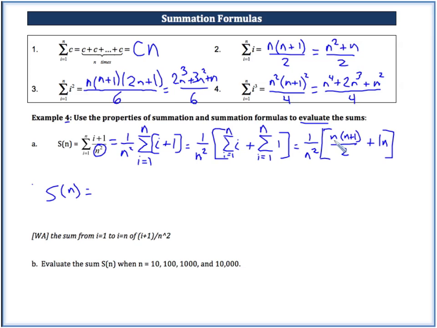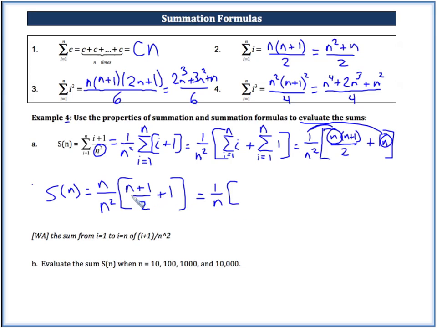Okay, well, looks like I can factor out one of these n's here. So that n and this n, we're going to factor out the greatest common factor. And then we're still going to have inside, let's see, this is (n plus 1) over 2. And then if I factored an n out of here, I still have a plus 1. Okay, so n over n squared is just 1 over n.